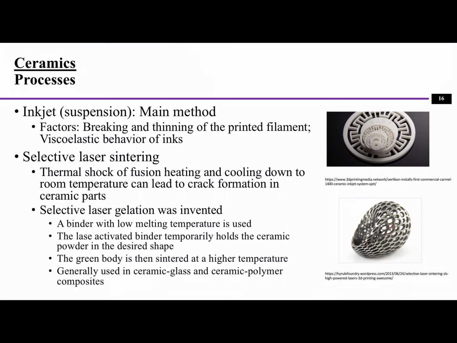The shape of the part is called the green body. Then the green body will be sintered at higher temperature to create the final parts. It is usually used with ceramic glass or ceramic polymer composites. You can see some examples from the pictures of what they made.